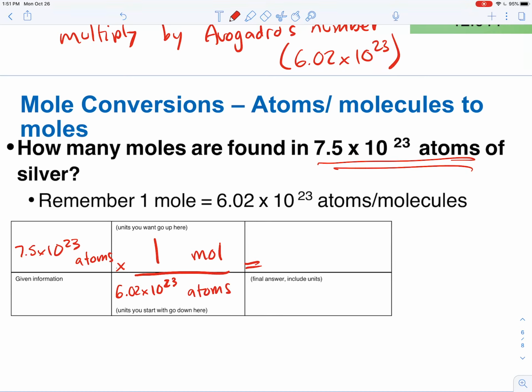Mathematically, our atoms will cancel out. We're going to divide by Avogadro's number here. If you do the math on this, that's why you need a scientific calculator as well. We will get 1.2, we'll just leave it at that, 1.2 moles of silver.